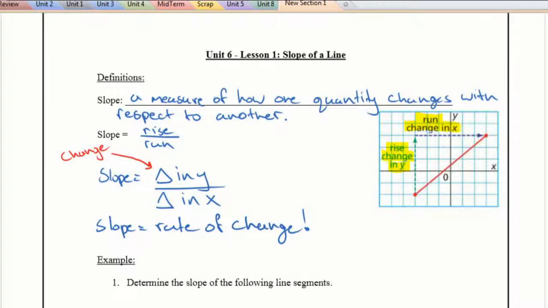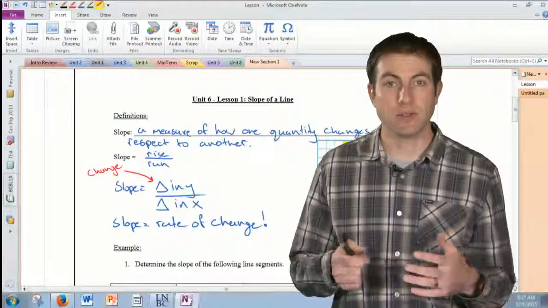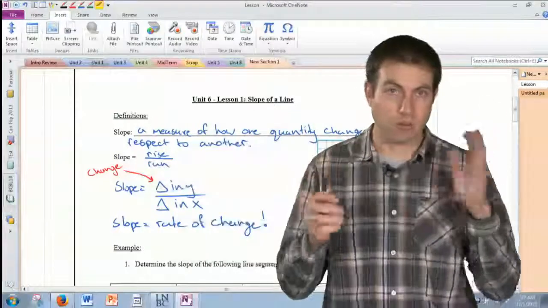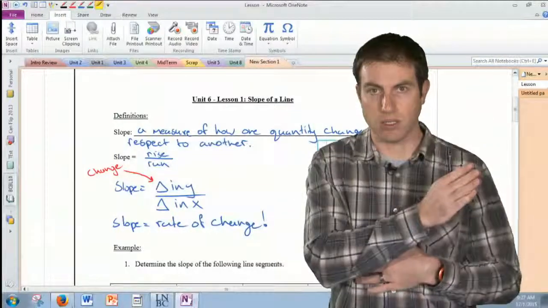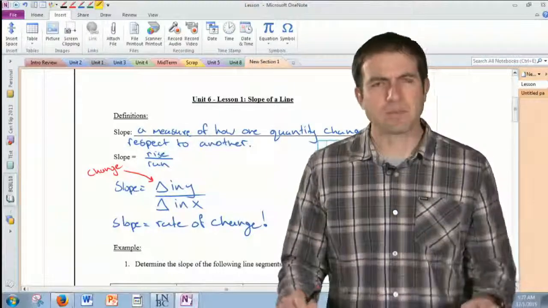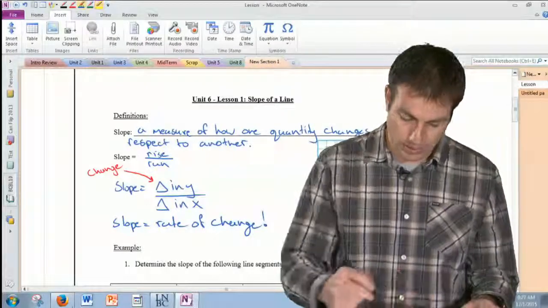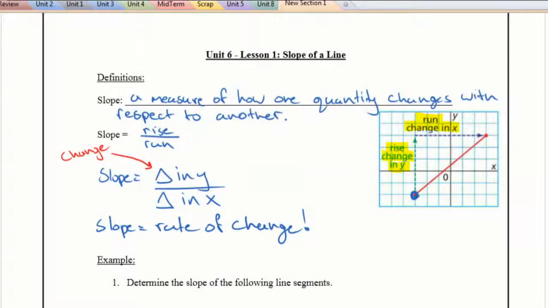So when we talk about change in math or looking at these graphs, you're always going to read a graph from the left side to the right side, going from left to right.